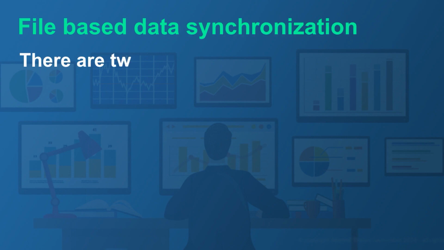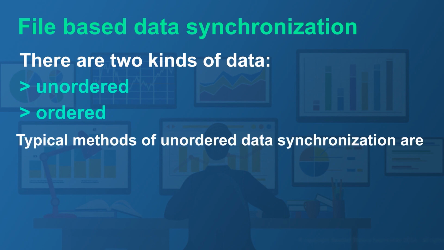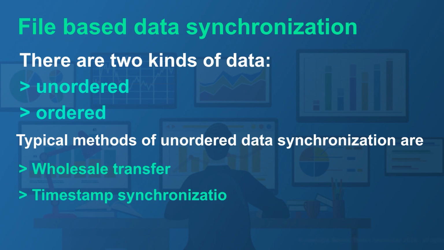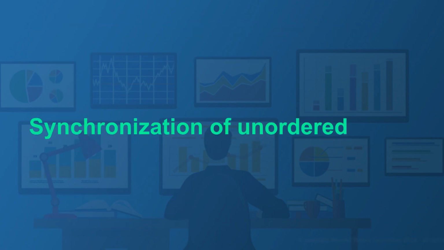There are two kinds of data, unordered and ordered. Typical methods of unordered data synchronization are wholesale transfer, timestamp synchronization, and mathematical synchronization. Synchronization of unordered data.